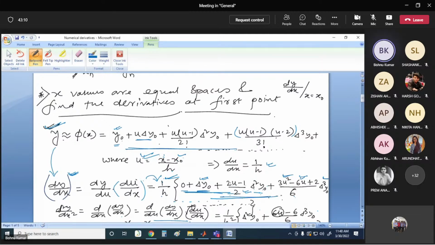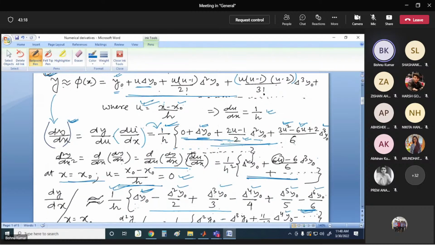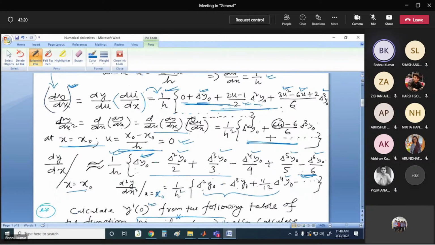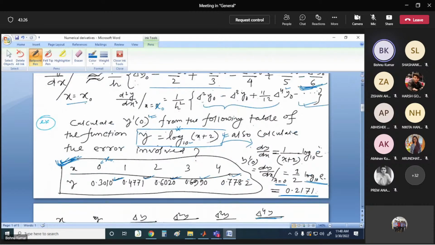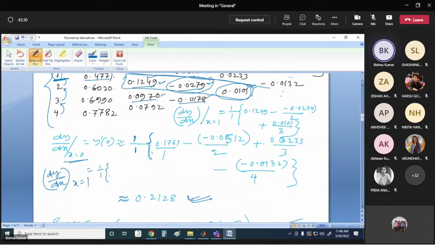When you get u equals 0, meaning the asking point directly coincides with the first point, then you use this reduced formula which we have derived here. Otherwise you have to use this formula. So for t equals 0, you will use the basic interpolation technique: take the derivative of that polynomial and put t equals 0.